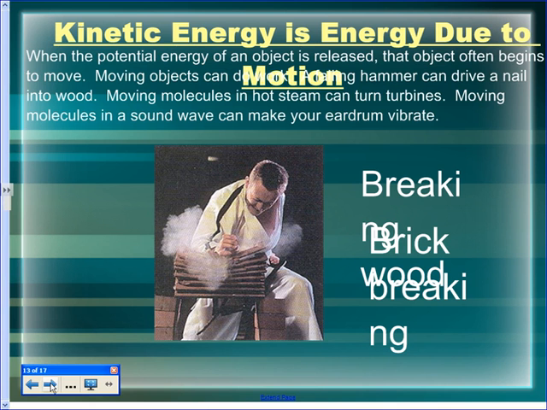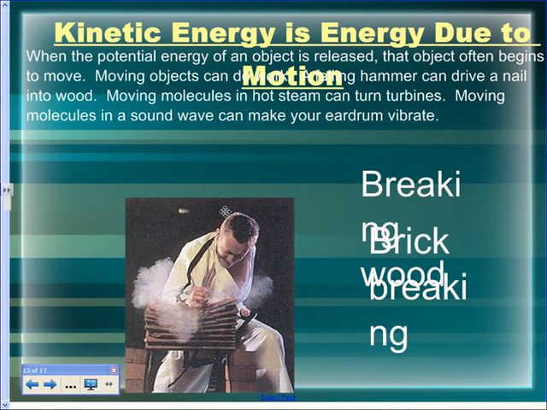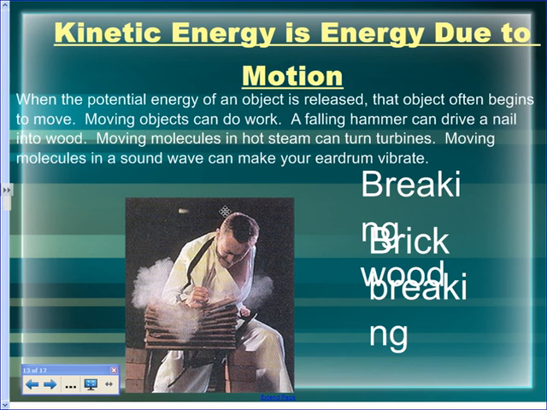Now this is what we talked about on Friday with the board breaking. Obviously, it's kinetic energy that does the breaking of the boards and bricks and whatever else. So if you have potential energy and it's released, an object begins to move. If you're holding something and you suddenly drop it, it begins to accelerate down because of gravity, and it converts all of that potential energy into kinetic.